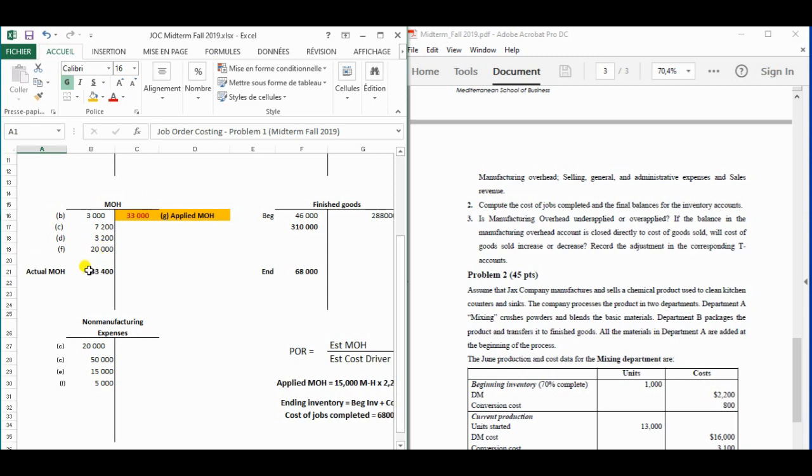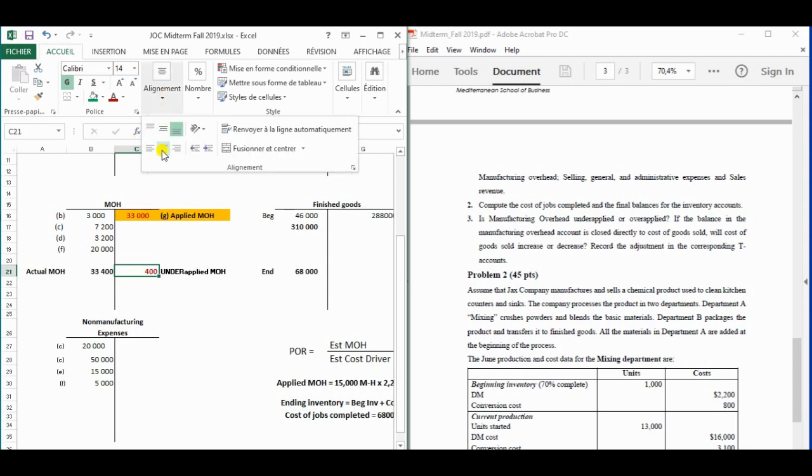So you see that the actual MOH is greater than the applied MOH. So this is an underapplied MOH situation, and the difference is 400.